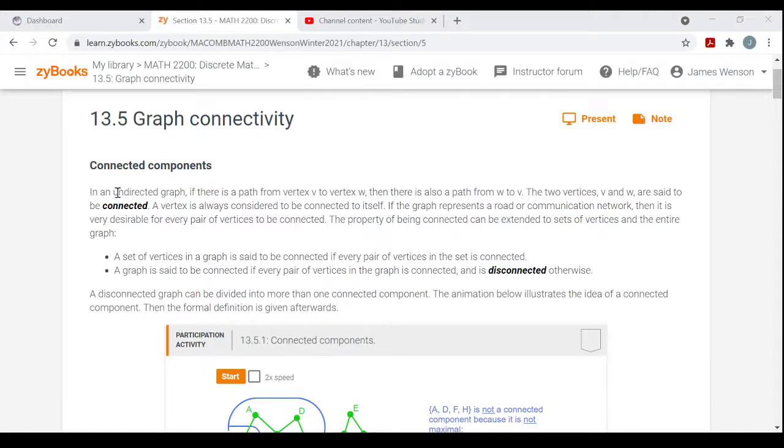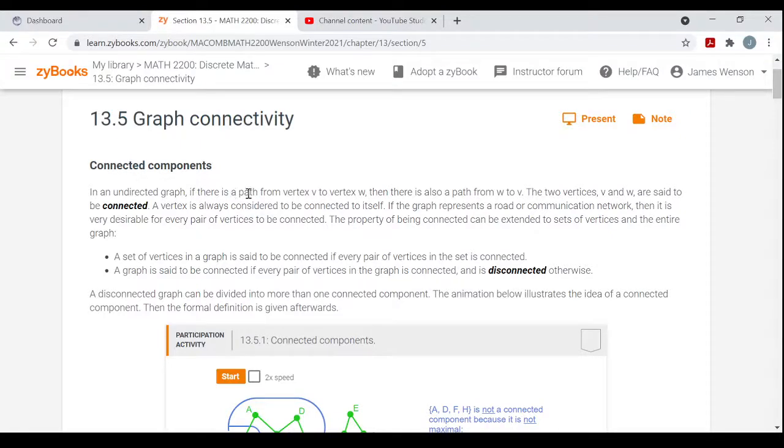Alright, so in an undirected graph, if there is a path, remember a path meant an open trail where there were no repeated edges and no repeated vertices. Or it was an open walk, right? A trail with no repeated vertices.